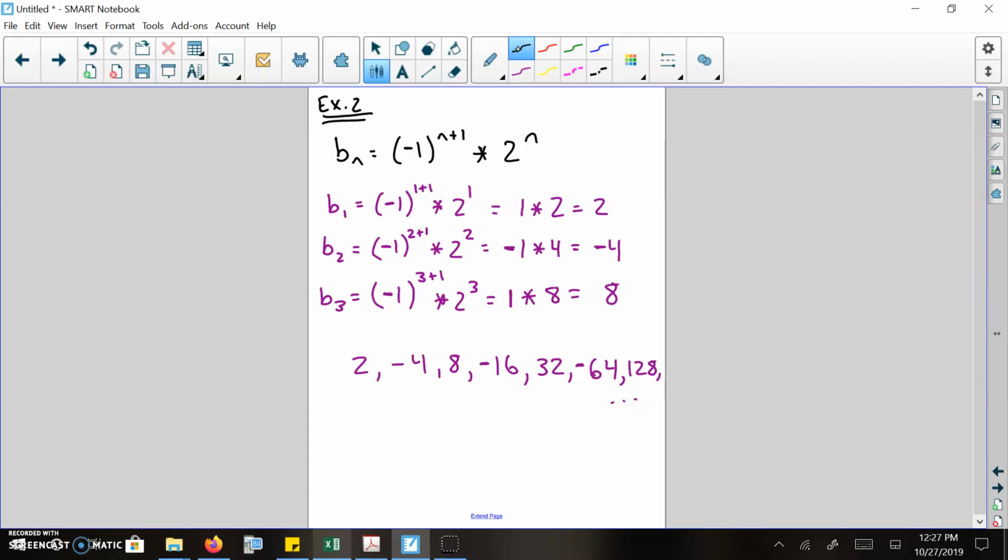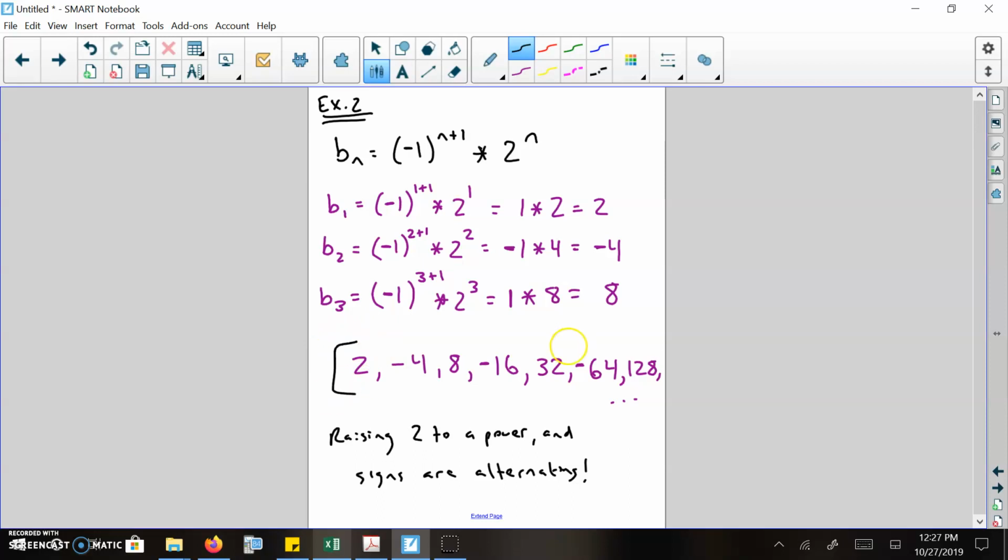Okay, so if you kind of see what's happening here, we are raising 2 to a power each time, and our signs are alternating. Okay, that's what's happening here with these terms in our sequence.